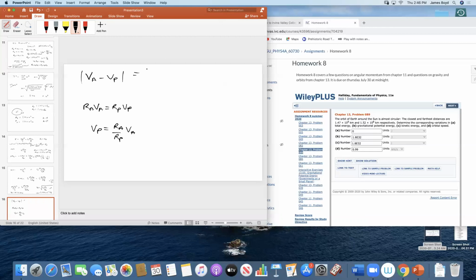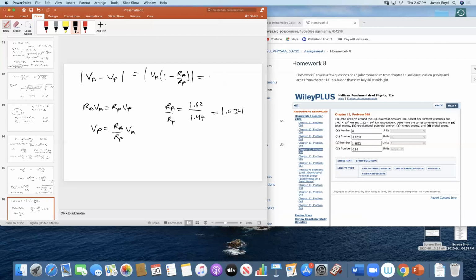We put that in here, and we get VA times 1 minus RA over RP. And RA over RP, remember, is 1.52 over 1.47 times 10 to the 11th or times 10 to the 8th, doesn't matter as long as they're the same. It's just a ratio. 1.52 divided by 1.47 gives me 1.034.